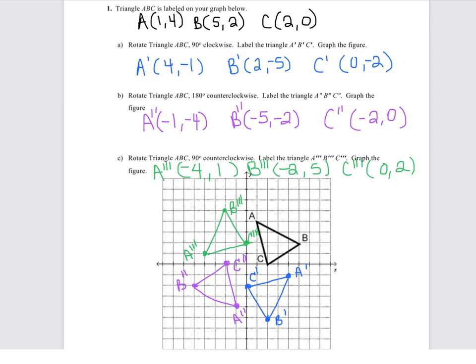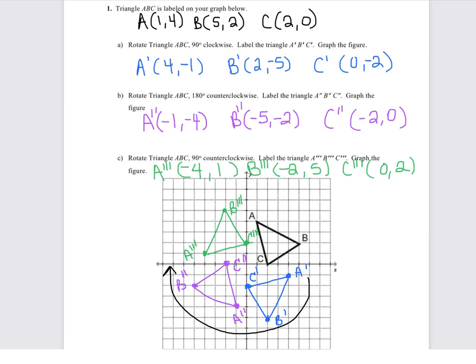Now, if you notice here, a rotation is a turn. You are turning it. In the triangle here, we turned our triangle like we pushed it. It was a swing. And that's what the picture should look like when you are graphing a rotation. It should look like a turn.